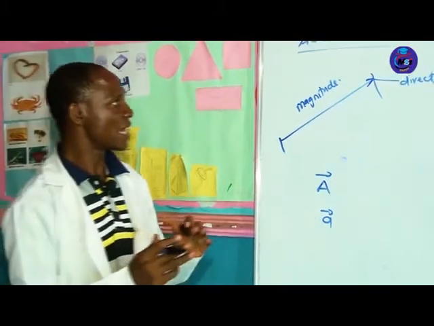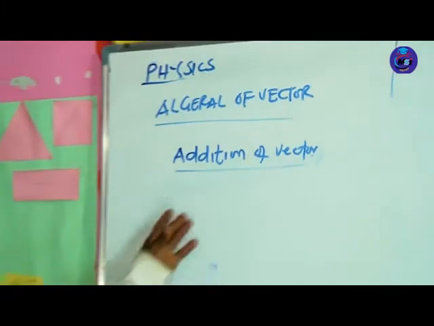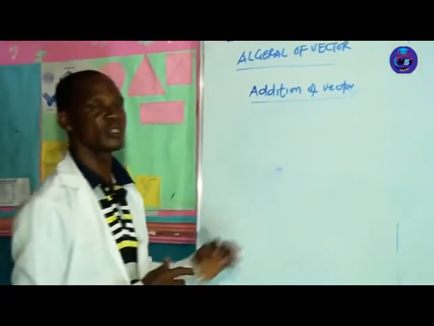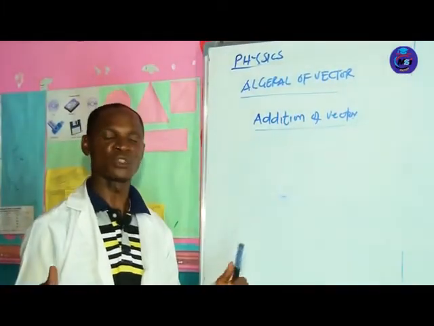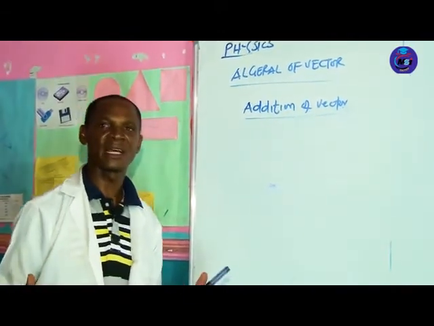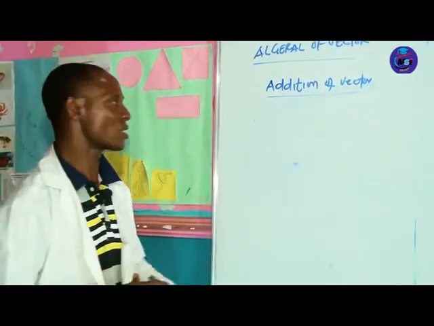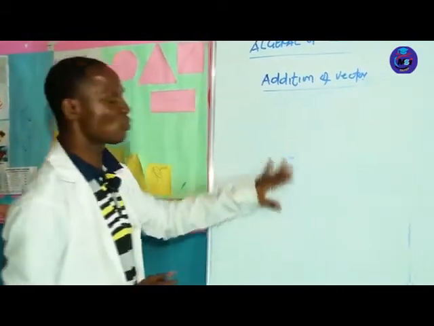We are going to consider the following illustration. Under the addition of vectors, we are going to use lines, and also letters, uppercase or lowercase as the case may be, and see how to add them together.